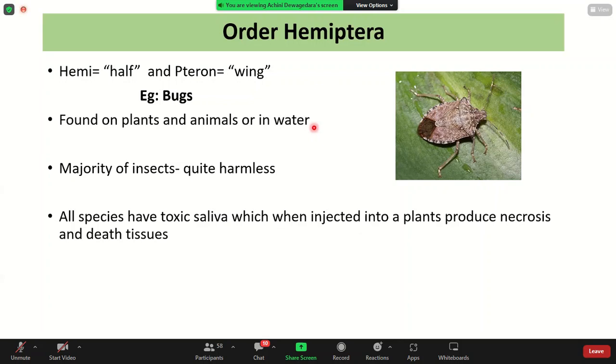Do you know any examples of bugs? Any pests that you know? Bugs? I'm sure you know.